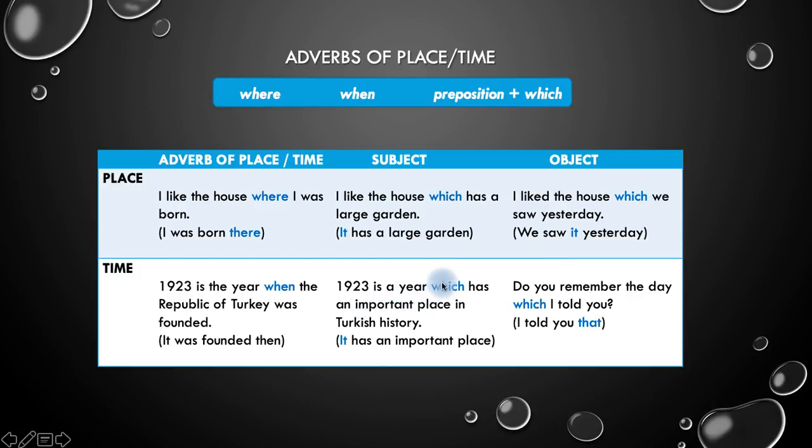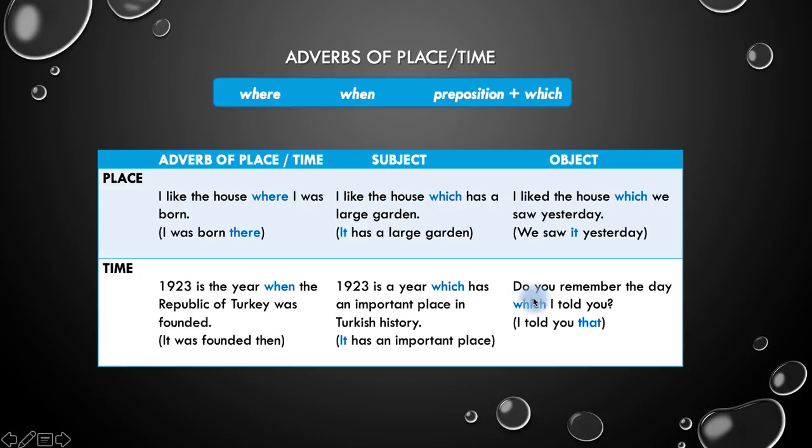That's a year which has an important place in Turkish history. Which is the subject of this relative clause. And we are not speaking about time here, but we give a characteristic to the year. Yeah, it has an important place. Do you remember the day which I told you?